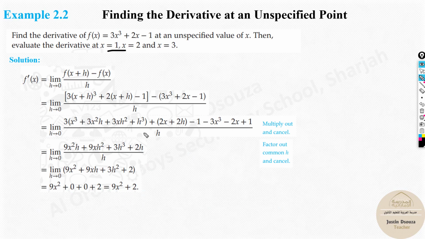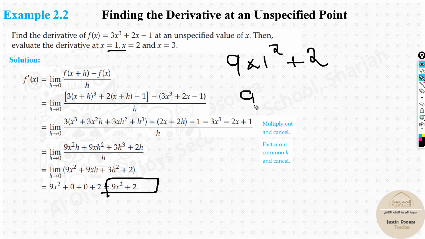Now what do we want? We wanted 1. In this term, instead of x we just put 1 squared plus 2. If we want 2, we just put 9 times 2 squared. Instead of x we put 2, and similarly 9 times 3 squared plus 2. We can solve all this.